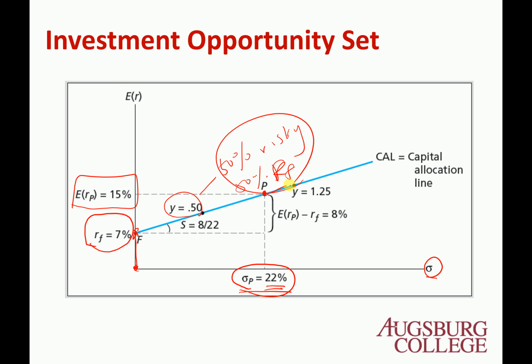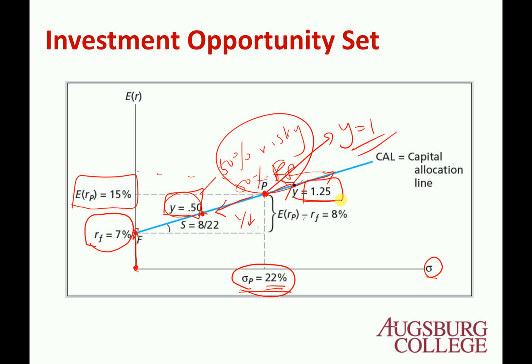You can increase the proportion of the risky asset, then you can expect higher returns. If you reduce the amount of the risky asset, again Y decreases. Oh, by the way, this is Y equal to 1, and this point is Y equals 50%.